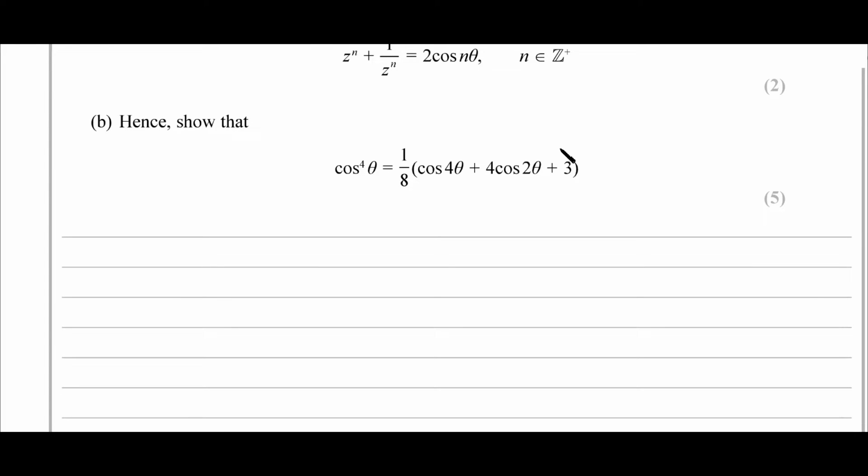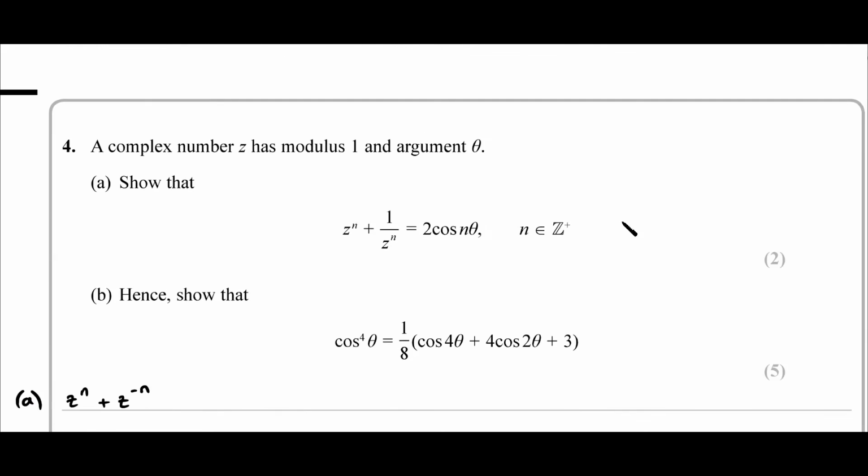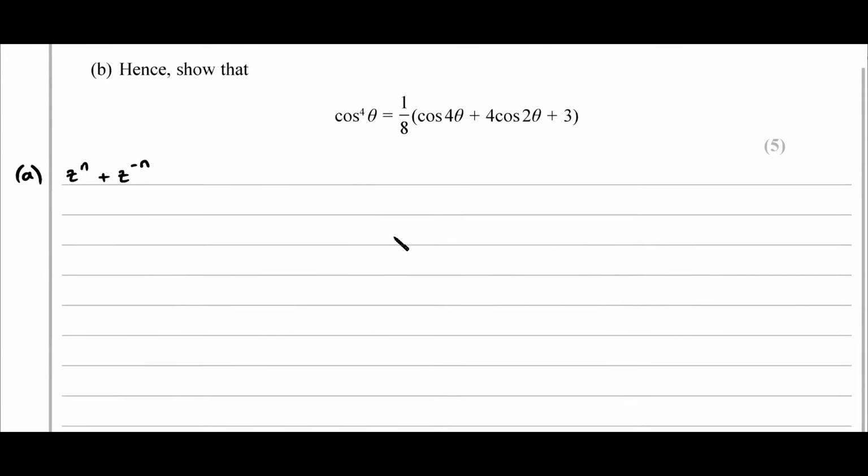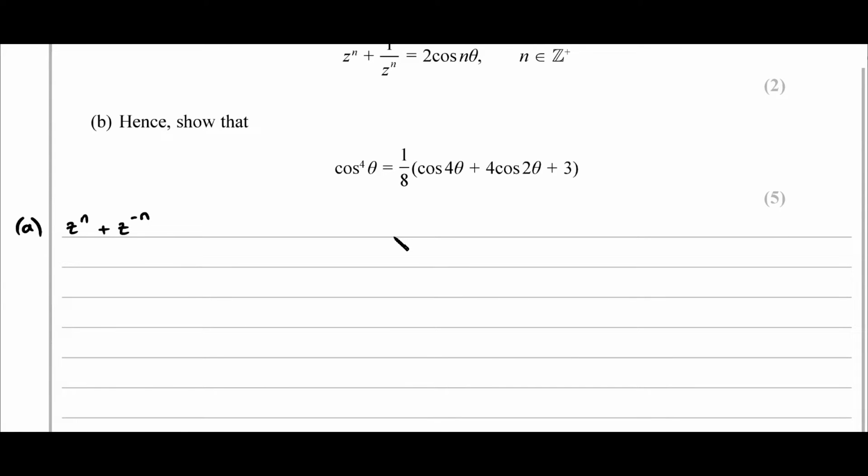So, for part A of the question, we can rewrite that as z to the power of n plus z to the power of minus n. Okay, so I'm just rewriting this using the rules of indices. And we should know that z is the same as cos theta plus i sine theta.